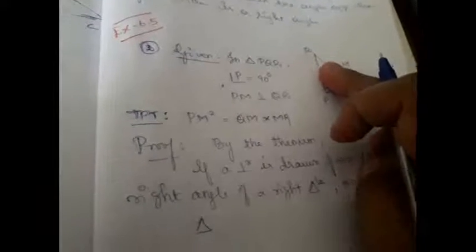So by the theorem, what we know is that if a perpendicular is drawn from the vertex of the right angle of a right triangle, this triangle will be similar to this, right?